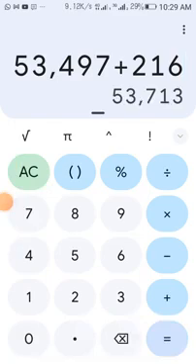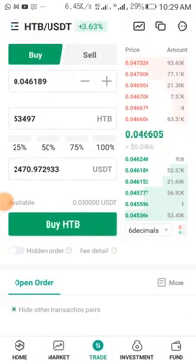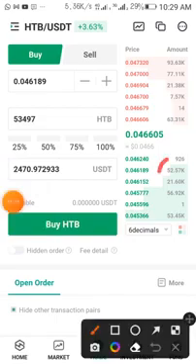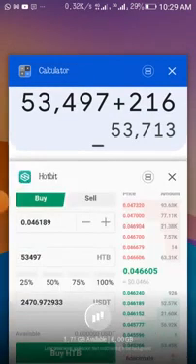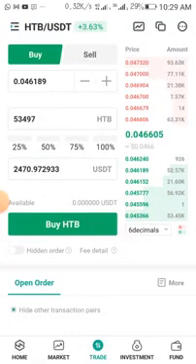53,713. So if I place my order now that I want to buy 216 HTB, this place will be updated to 53,713 instead of 53,497. So my order will be added to that one.